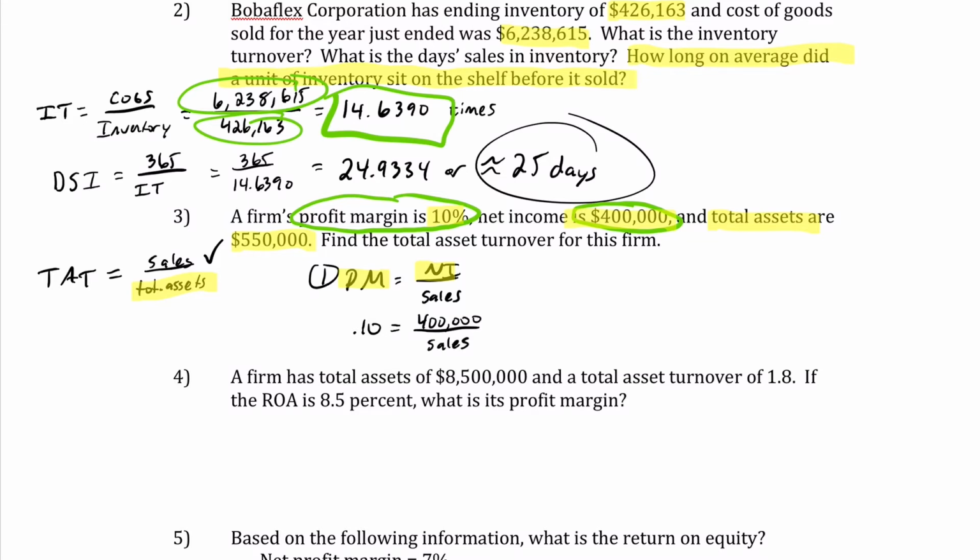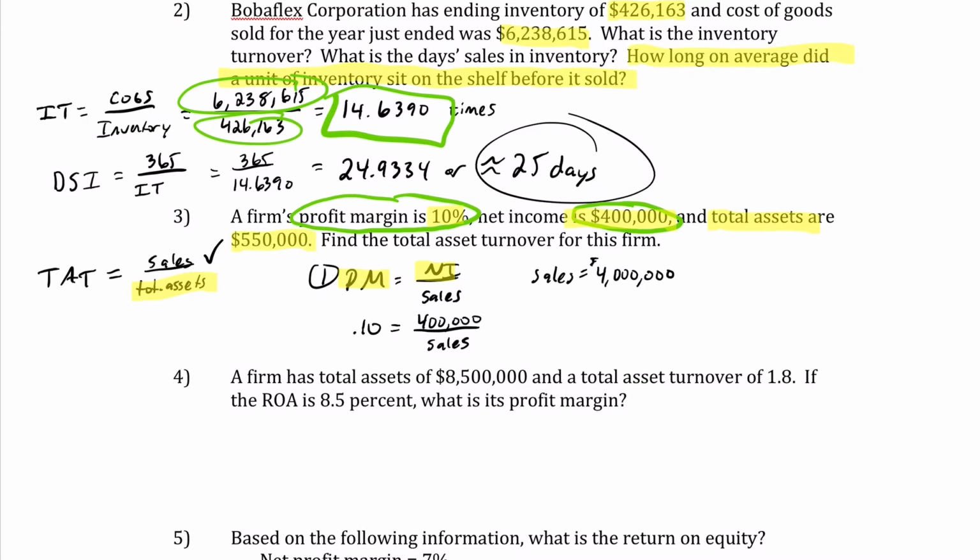So multiply both sides by sales and then divide both sides by 0.1, and we end up getting a sales figure that is equal to $4 million. So they would start off with $4 million in sales, and their bottom line after all expenses was retaining 10%, so net income of $400,000.